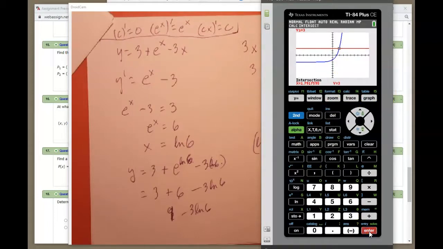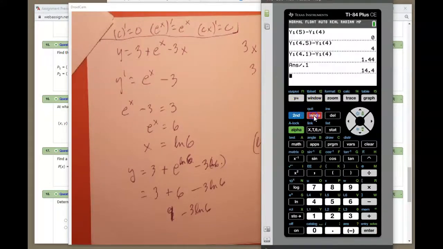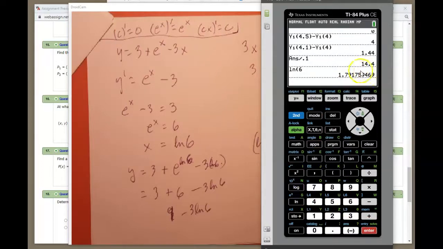It finds that the intersection is 1.79175. Now the 3 is the slope here. The x value is what I want. So I want to check to see that that actually is the natural log of 6, 1.79175. Second quit. So natural log of 6 is 1.79. So this is my answer for the x.